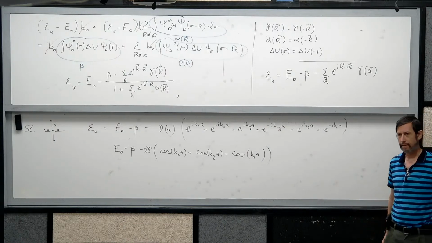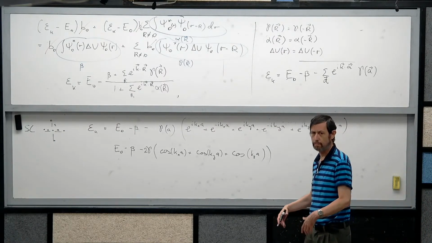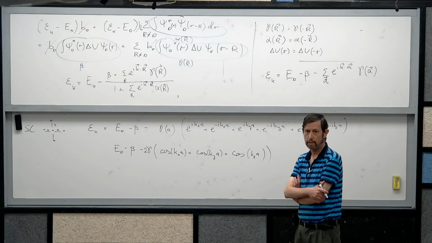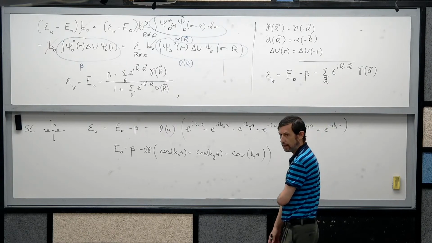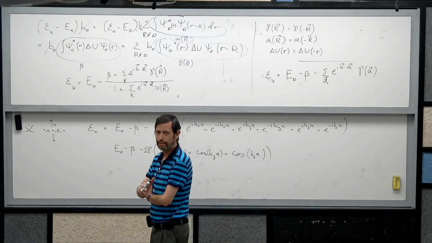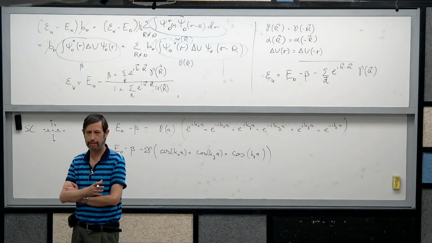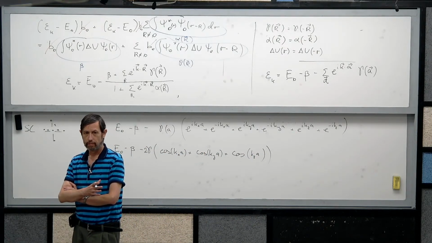Okay, e to the ik plus e to the minus ik is just twice cosine. And now we finally can talk about what this tight binding approximation tells us.